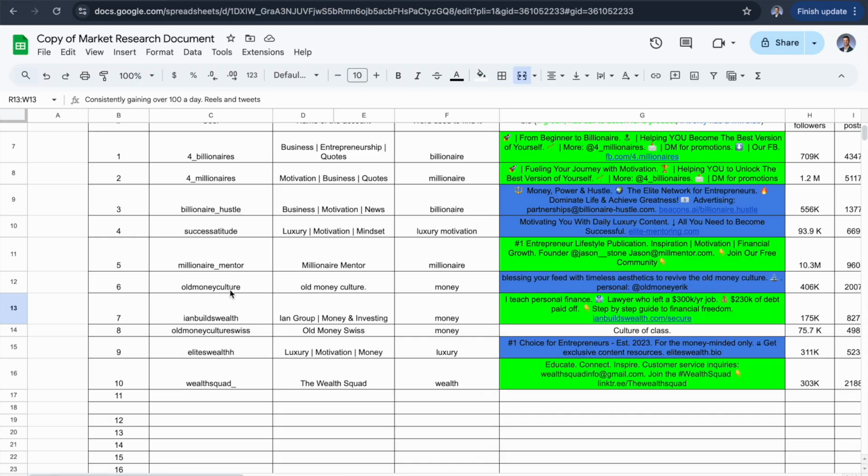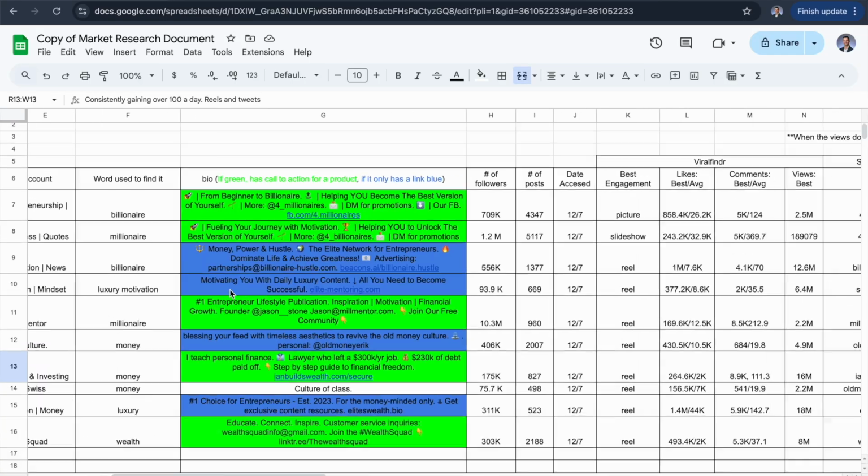You want money in the username. This one page is called old money culture, and their actual name is money, luxury, success. So they're putting money and luxury in their name, but money is in their username too. Things like that make it easy for people to find you.